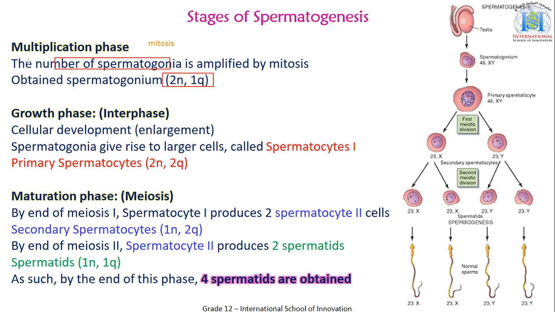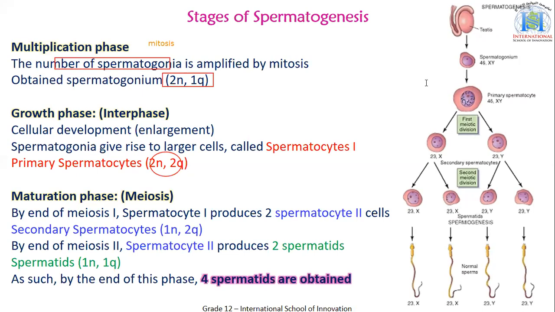So spermatogonia do interphase. This interphase, followed by the growth of spermatogonia, gives rise to spermatocyte 1, primary spermatocytes having 2N chromosomes with 2 chromatids.